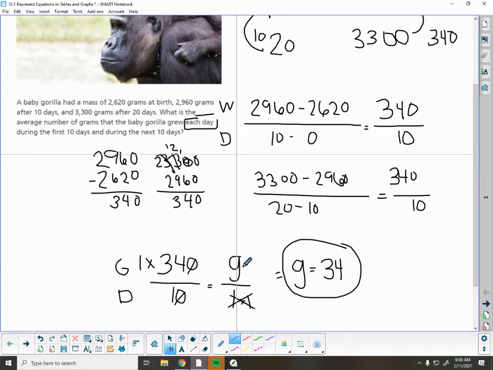We had our grams on top, our days on bottom. We could flip it and put days on top. But either way, as we set up these proportions and keep them equivalent, we should get the same answer. So our answer is the gorilla was growing 34 grams per day.